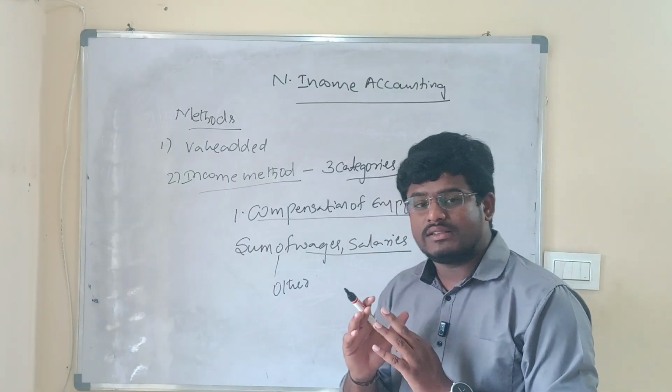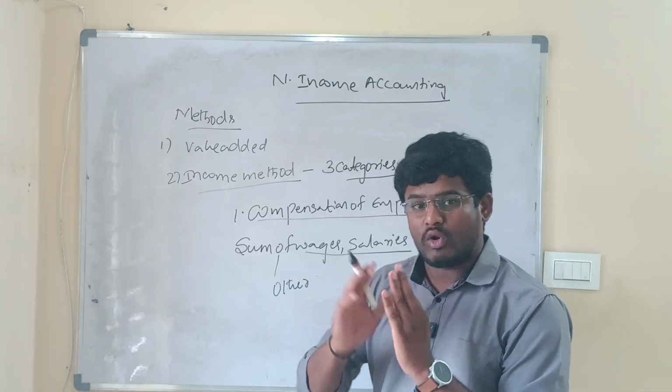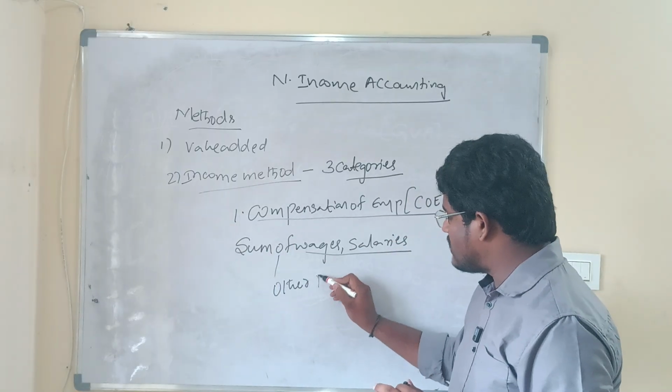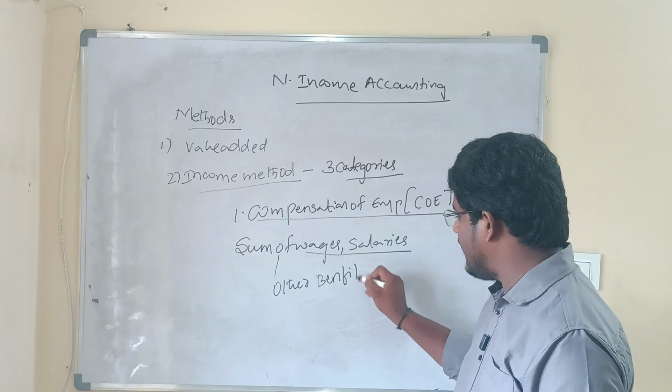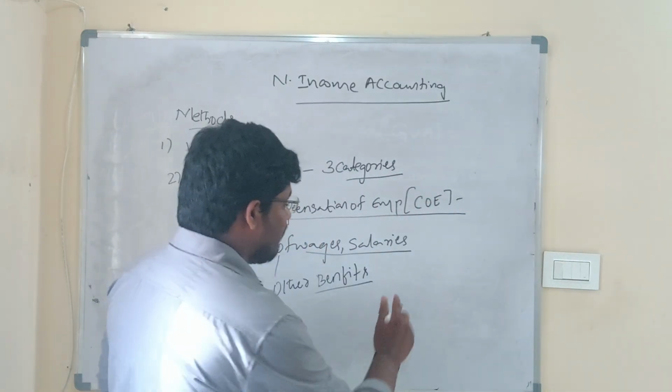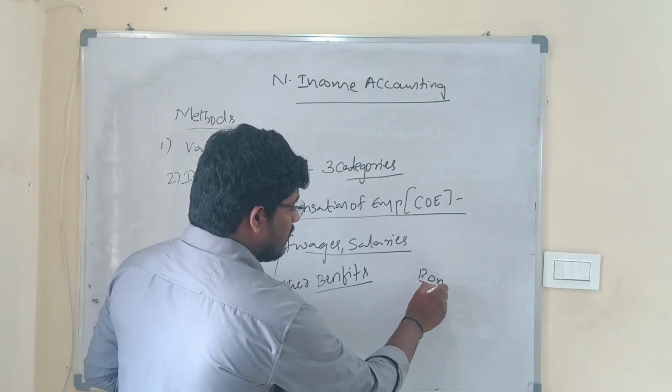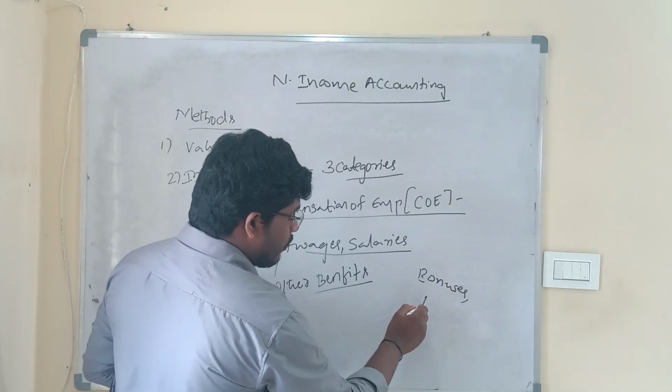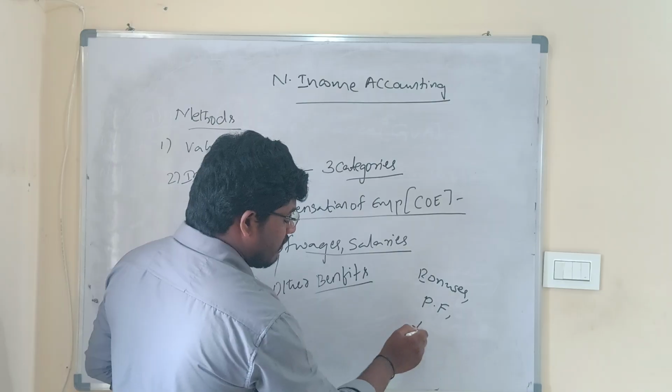It is not just the wages and salaries which the employer provides to the employee, but there are also certain other benefits which the employer provides. The benefits in the form of bonuses, in the form of provident fund, in the form of insurances.